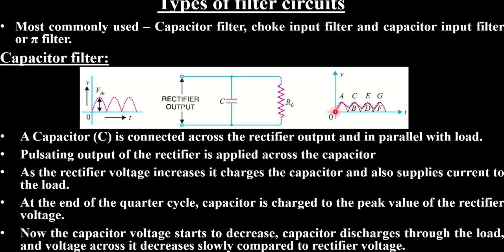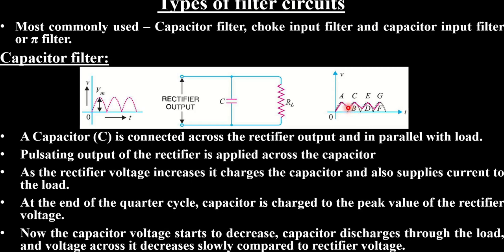So we will have an output across the load going from 0 to A, then A to B. The reason it is B and not 0 is that the capacitor discharges through RL, providing a certain voltage across the resistance, so the voltage will not fall to zero.